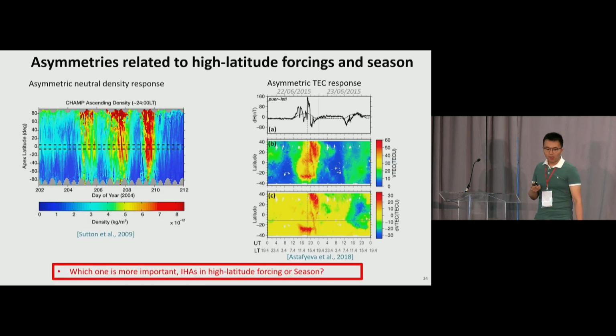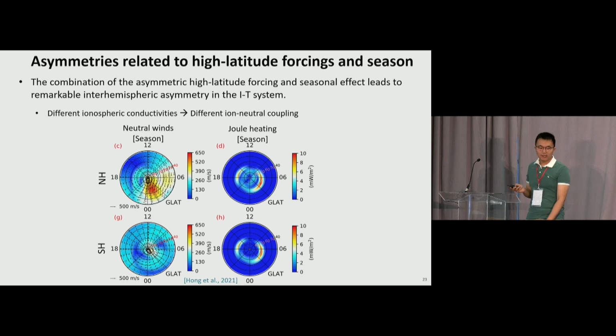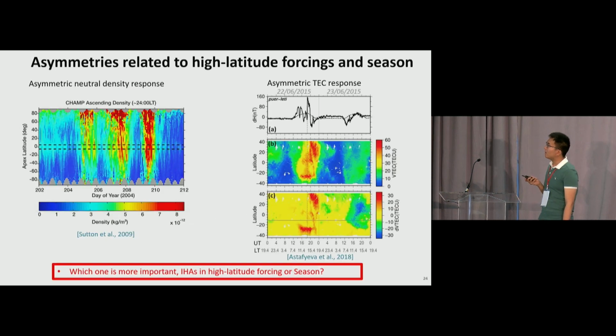As you can see in the figure here, even if the high latitude forcings are identical in both hemispheres and a tilted dipole geomagnetic field is used, the high latitude IT system can still be quite dramatically different in the different hemispheres due to the seasonal effect. Therefore, caution is needed when interpreting the interhemispheric asymmetries occurring during the solstice as interhemispheric asymmetries in the high latitude forcings.